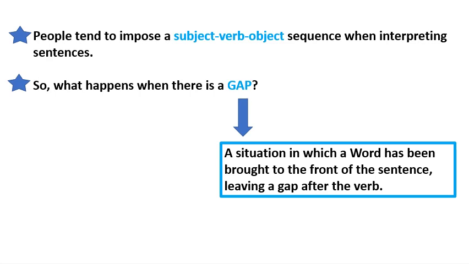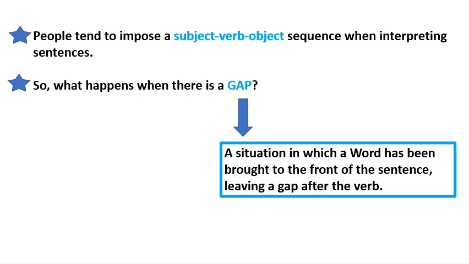Now, in general, people tend to impose a subject-verb-object sequence when interpreting the sentence. Okay? When you read a sentence you expect this order, which is probably one of the parameters that you already have in your brain.